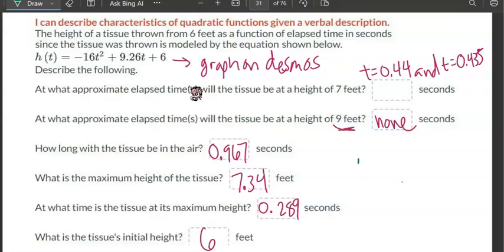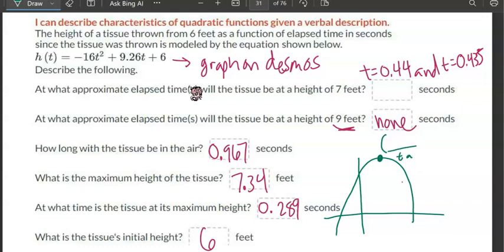So let's sketch a graph on what each of these things mean. So this is the vertex. X is time at max. And then the y value is the max height.